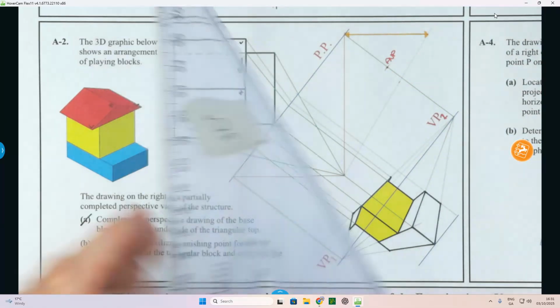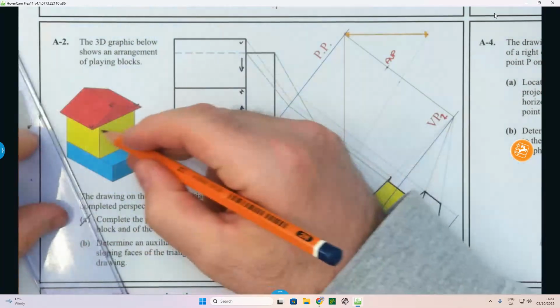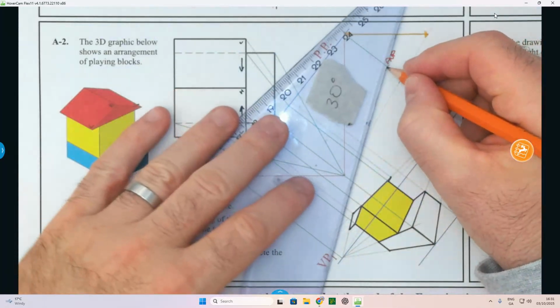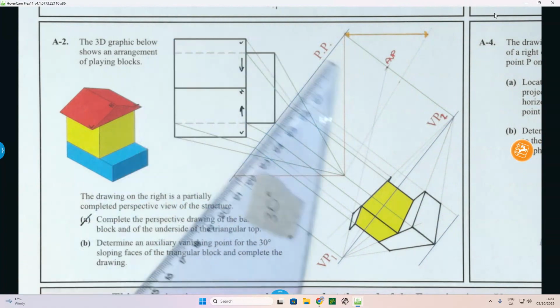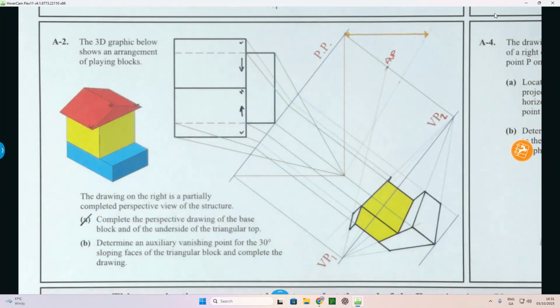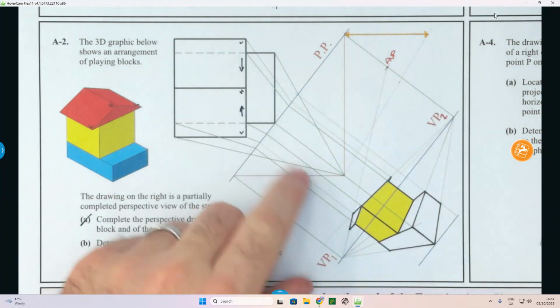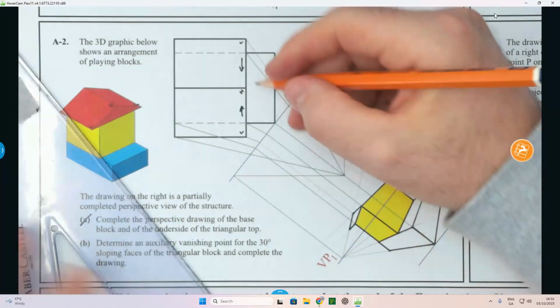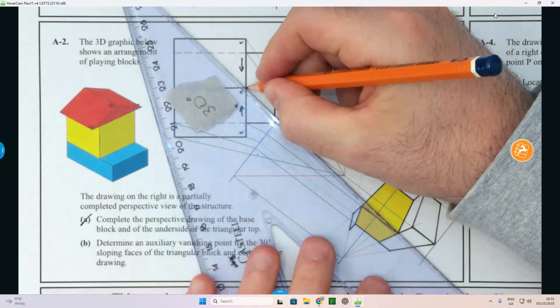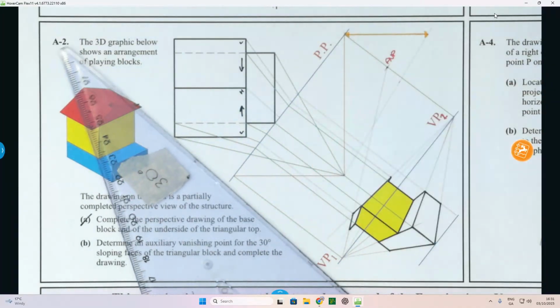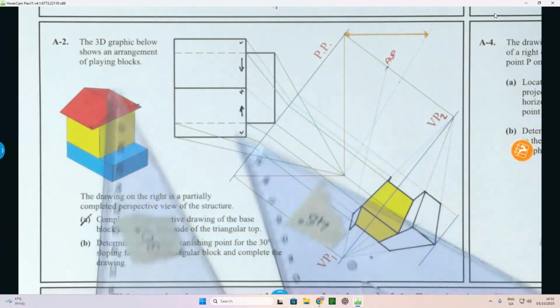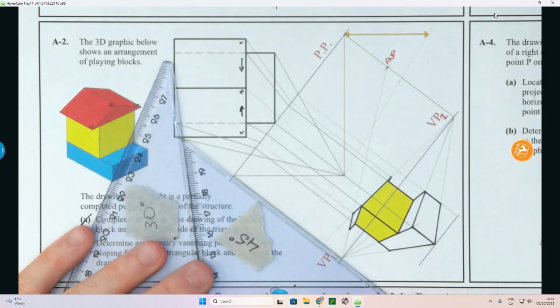Now I can draw in the roof. So this line here, to represent the slope, now goes up to AVP from there. Really simple. I could get one going down here, but to find the middle of the roof at the top, really simple. There's the pitch of the roof in the middle. Get down there, stop it at the picture plane, then project it down.